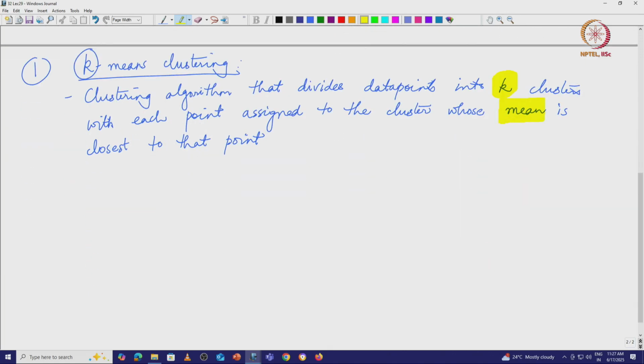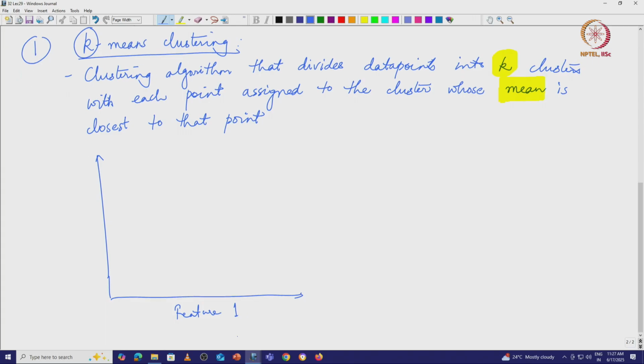So what would this look like pictorially? So for our simplified discussion, let us consider the case of just two features being there, right. So there are two features in our simplified discussion. So there is feature 1 and there is feature 2, okay. And let us say these are the data points.